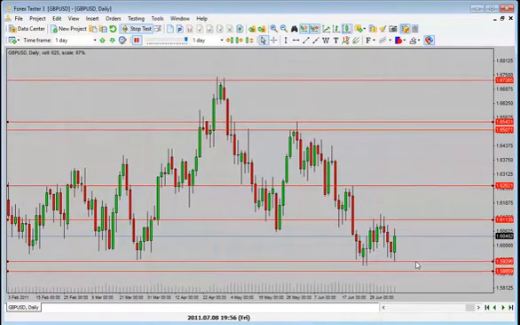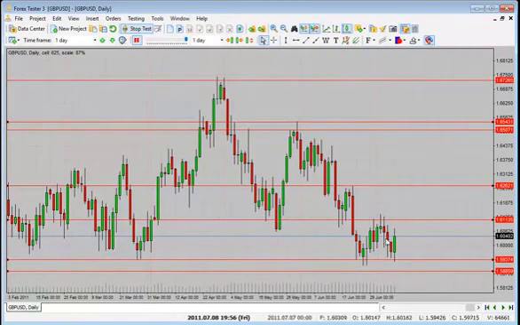It goes into these pins here, and then we have a bullish candle close here. So now what do we expect?